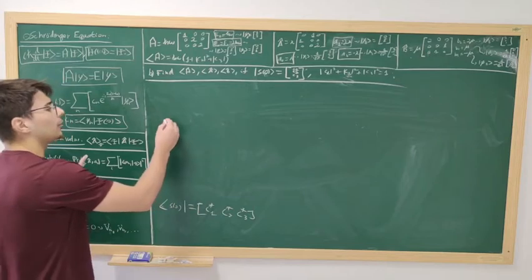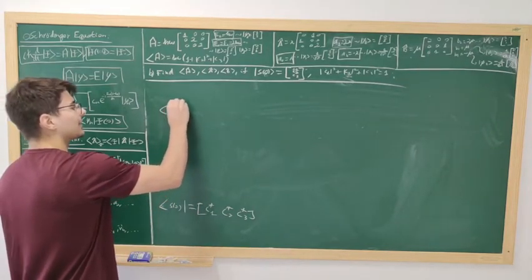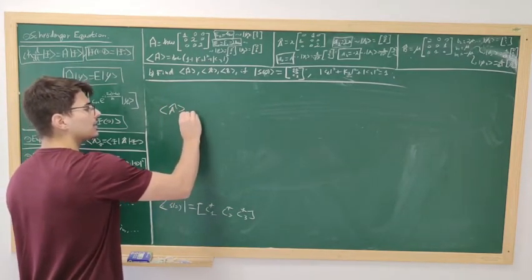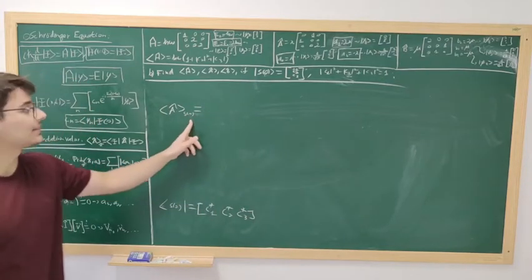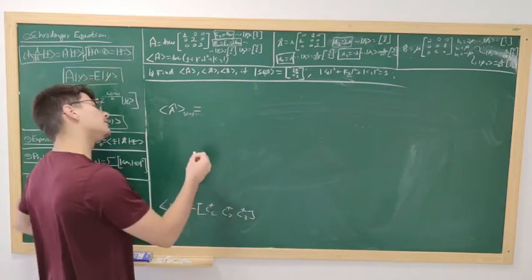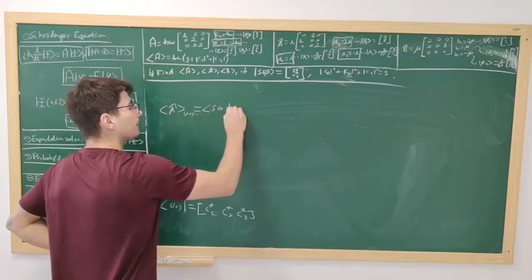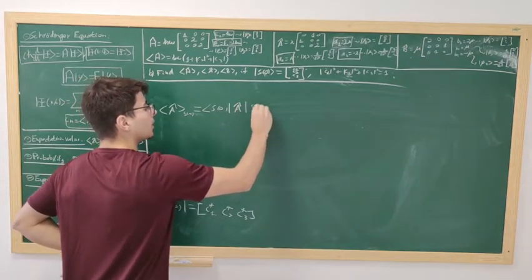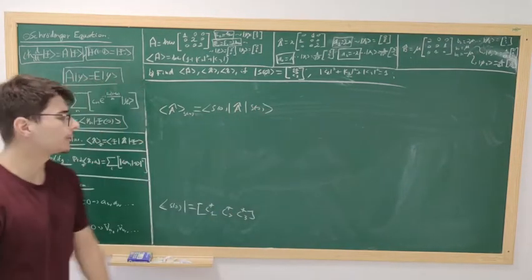So when we're dealing with the A operator, we have that this expectation value is when we are in this state, right? This state right here is just the sandwich between our state and our operator.